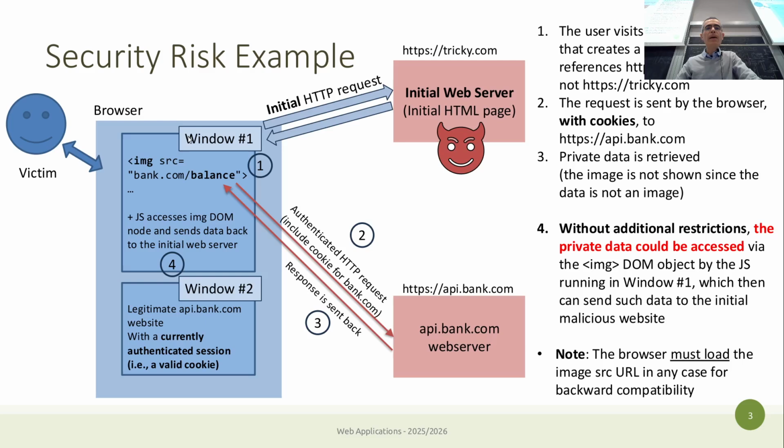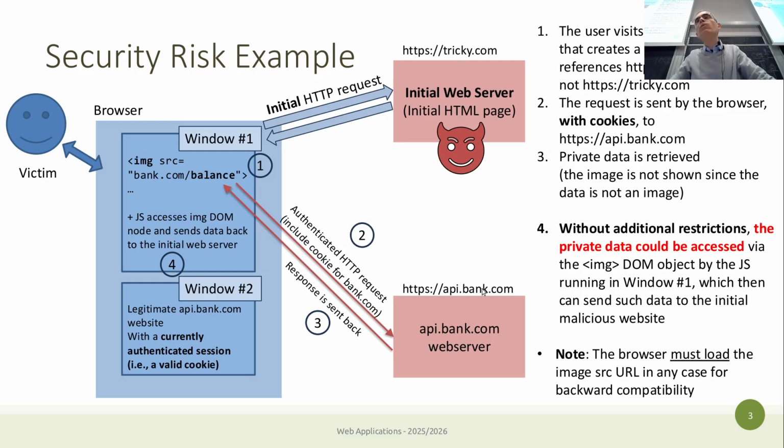But somebody, actually the malicious writer of this HTML on this web server, has inserted some HTML code that makes a request to another web server, okay? Let's assume in this case it's api.bank.com, okay?